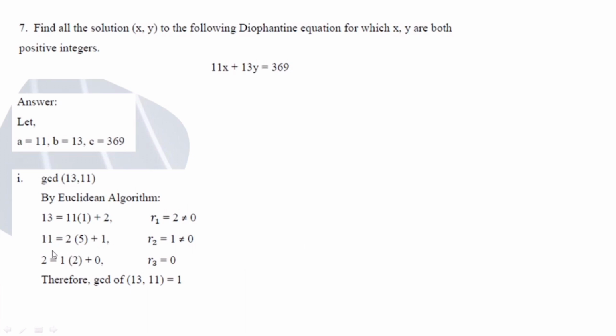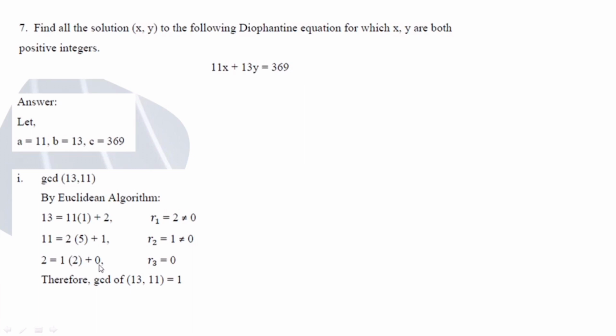As 2 times 5 plus 1, we still get 11. So, for the next step, we write 2 equals 1 times 2 plus 0, which also gives a proper solution.